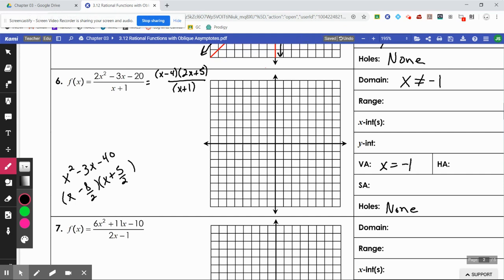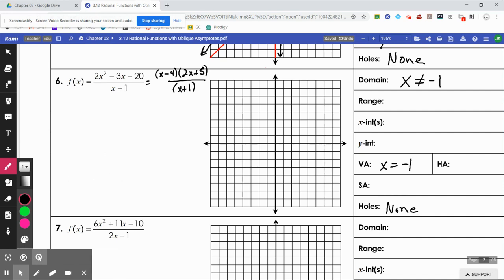Since the degree of the top is greater than the degree of the bottom, let's go ahead and find our slant asymptote. Again, the method for finding the slant asymptote is, since this is an improper fraction, we're going to divide it. We can use synthetic division here, so we're dividing by x plus 1. We have 2, negative 3, and negative 20. Bring down the 2 and multiply.